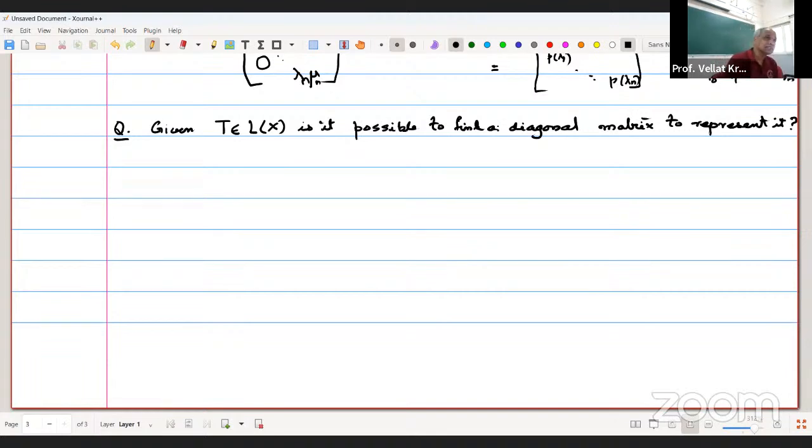If yes, then we have a wonderful result. But unfortunately, it is not always true. We will do an example to highlight this point. But before we do that, we have to do some exercise.